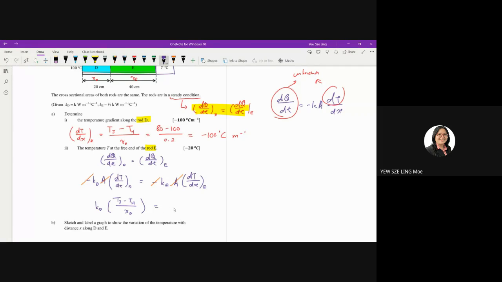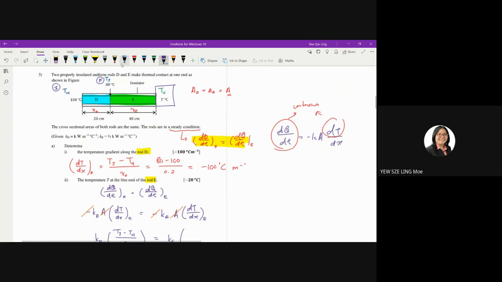It is then equals to KE, now bracket dT over dx for rod E. Now let us look at the green color rod. If you look at the green color rod, the initial position is no longer TH. The initial position is now your TJ.